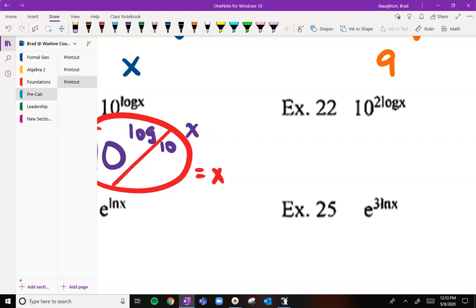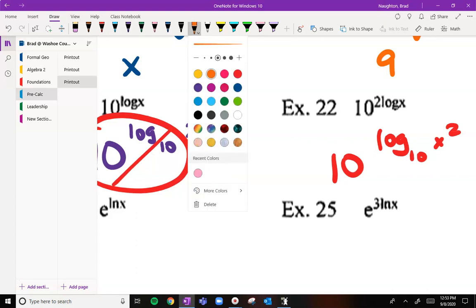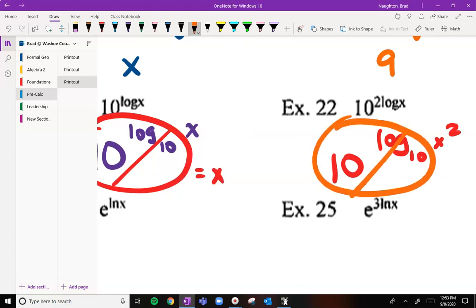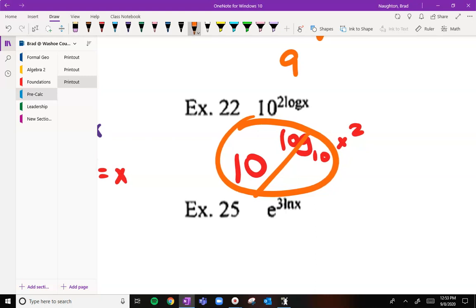Well, one of our rules for logs, known as the power rule, means that if you have something times a log, so if I have 2 times log x, I can put this in front to make it x squared instead of just 2 times log. So I'm going to write this as 10 to the log base 10 of x squared. So now I have my common base rule. Those will cancel out, and I'm left with just x squared.